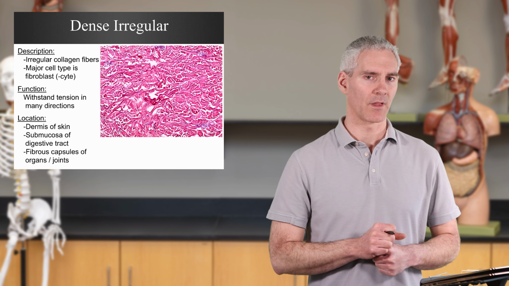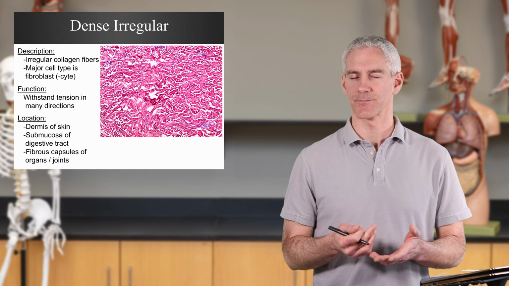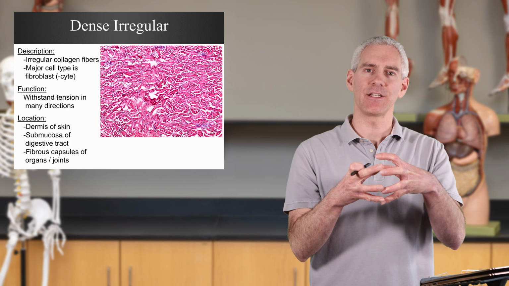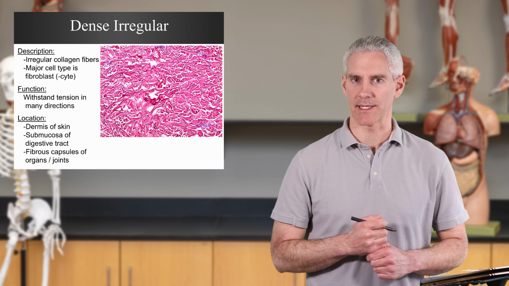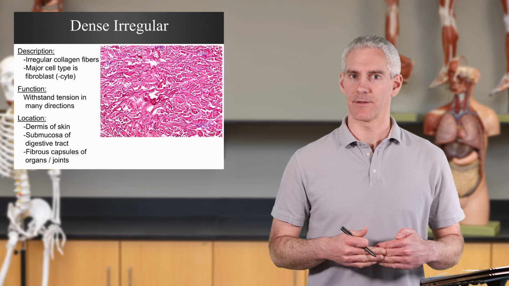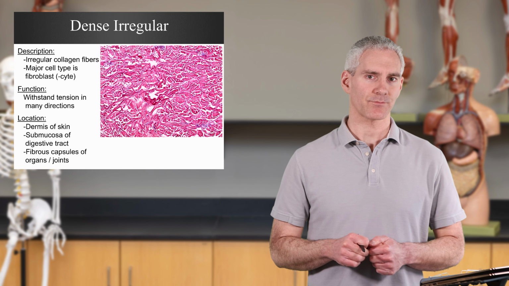Other locations, it has fibrous capsules of joints. They help contain and maintain that joint cavity. We also have the submucosa of the digestive tract. Well, submucosa means it's below the mucosa. The mucosa is going to be epithelial tissue.